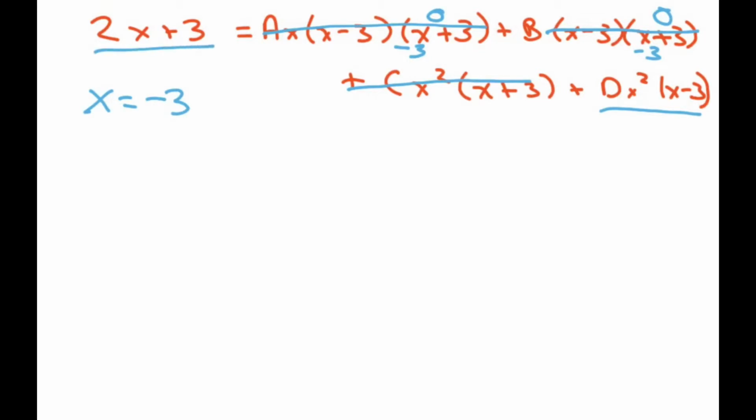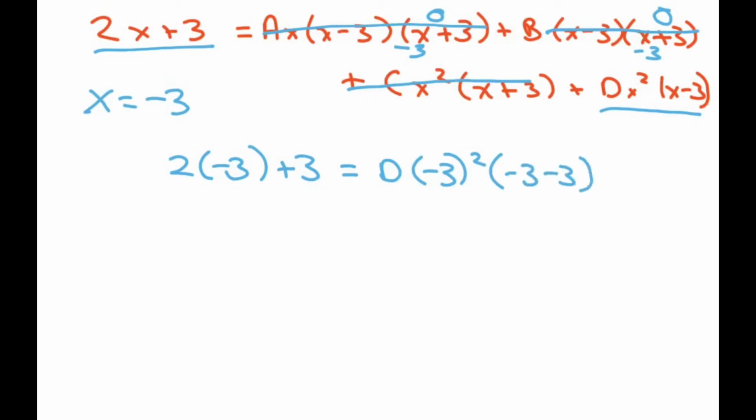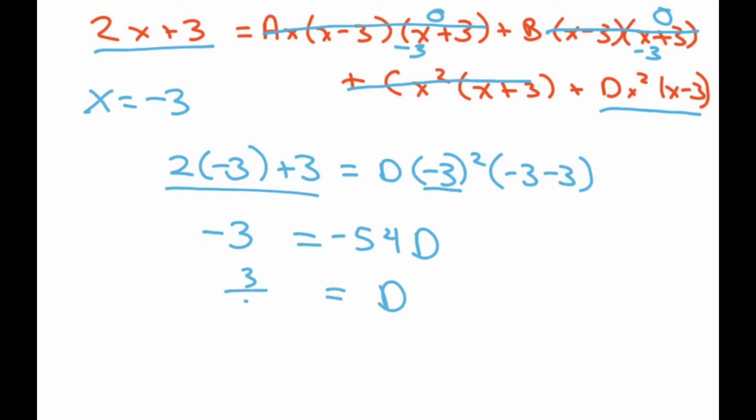So we're going to find our D. So we have 2 times negative 3 plus 3 equals D times negative 3 squared times negative 3 minus 3. So this is going to be negative 3, and this is 9 times negative 6, which is negative 54D. So D equals 3 over 54, which equals 1/18.